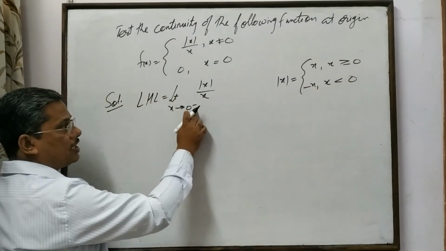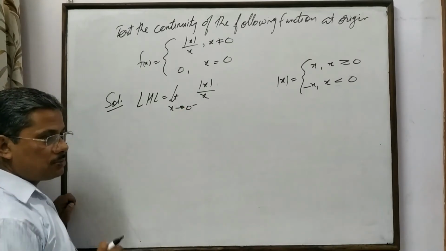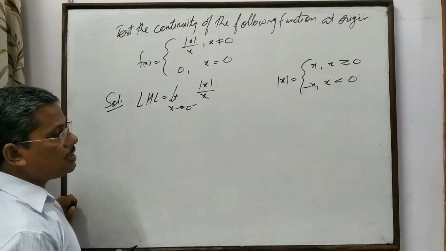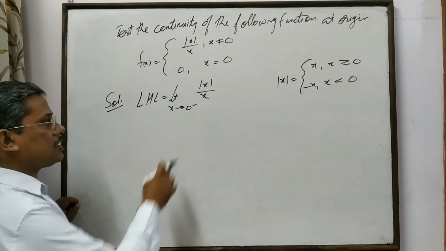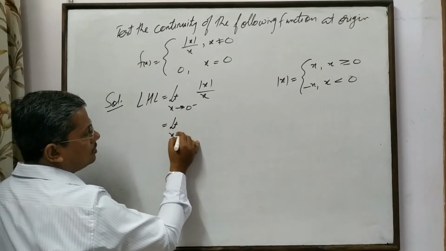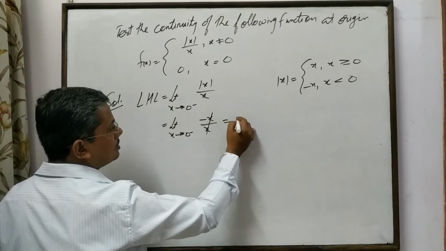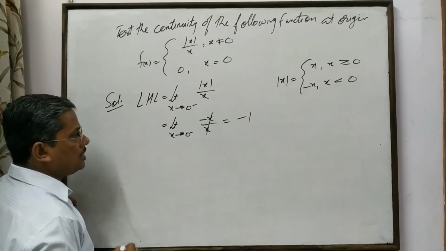So 0 negative means you subtracted something from 0. So when something is subtracted from 0, then x will be less than 0. If x is less than 0, then mod x is equal to minus x. Using that, it will be minus x upon x. This cancels. So you are left with minus 1.